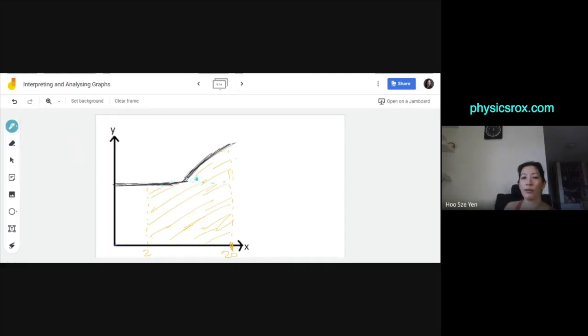So that means you have a triangle plus a rectangle, then you count the areas like that. Okay, so that's how you calculate the area under the graph. Normally the question must give you the starting and ending values, then you count the area under that. Okay, so that's how you calculate area under the graph.